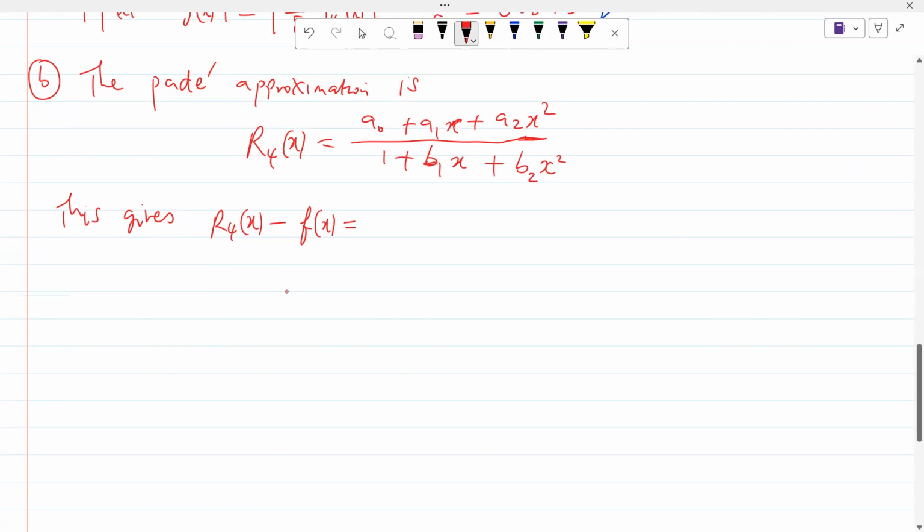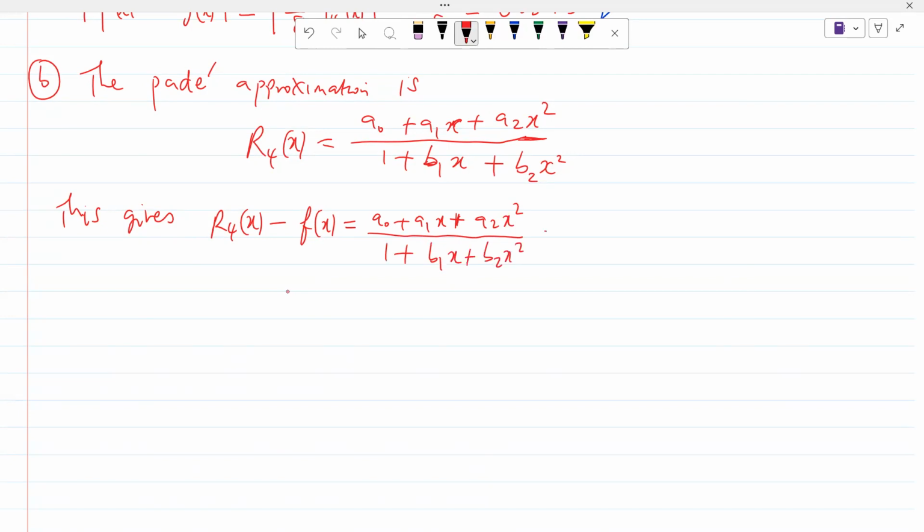And now, if this is the case, R4 minus that, so you'd have A0 plus A1x plus A2x squared, all right, so you divide by 1 plus B1x plus B2x squared.